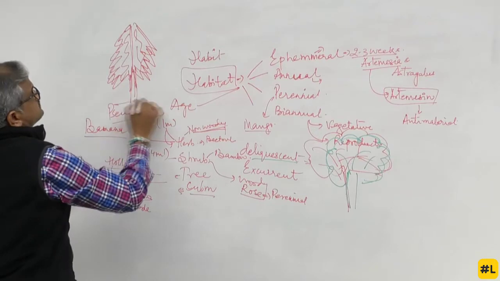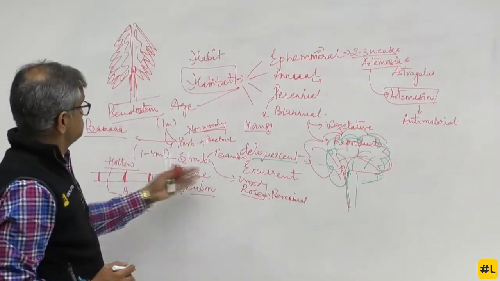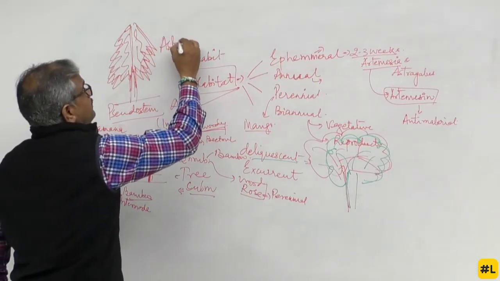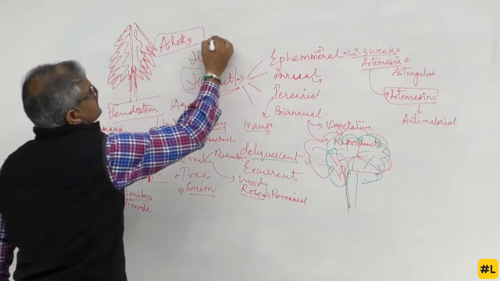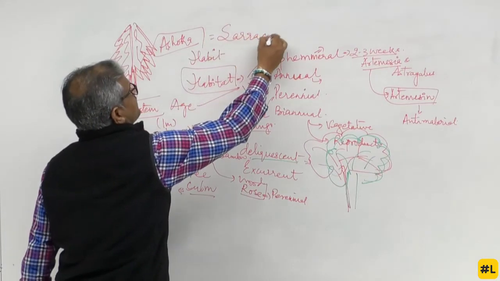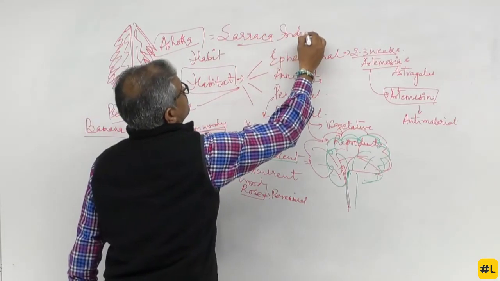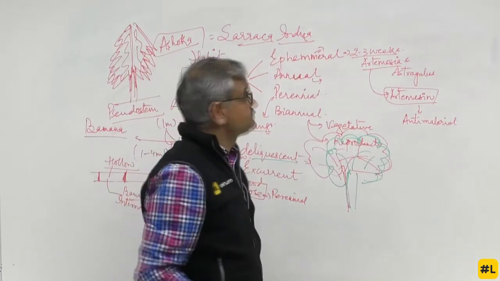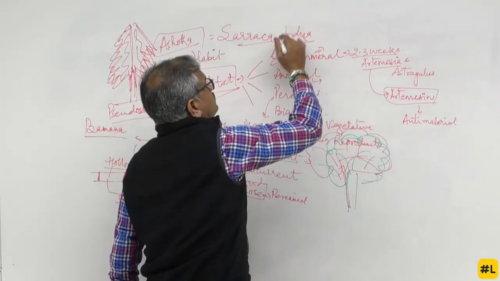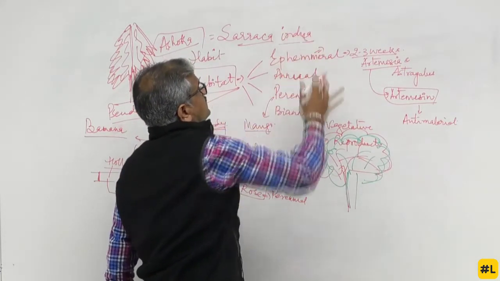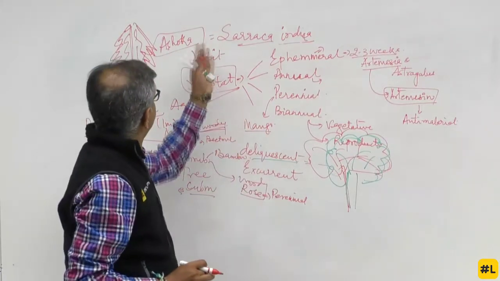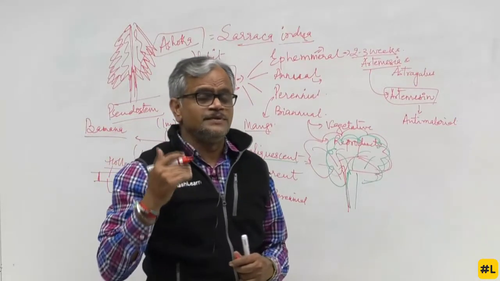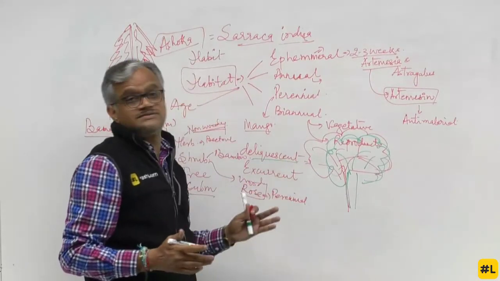This is called excurrent. Best example is the Ashoka tree, the tree below which Sita ji sat. Saraca indica is the scientific name of the Ashoka tree. Deliquescent, as I told you: mango, peepal, ficus, all.